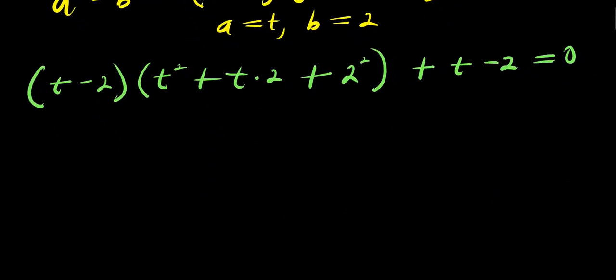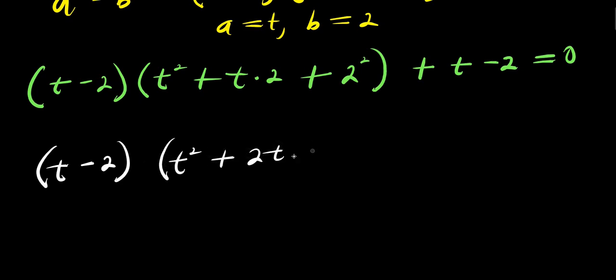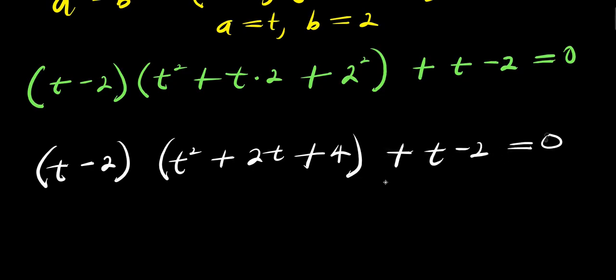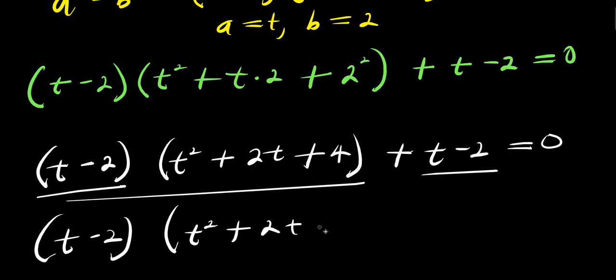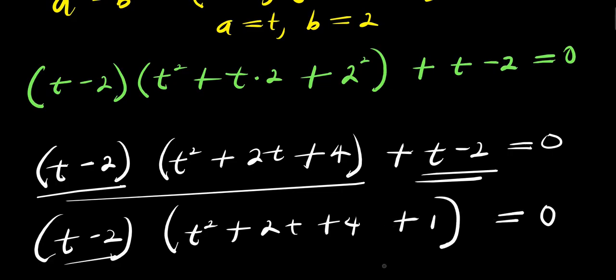So right here, we are simply going to have t minus 2 times t squared plus 2t plus 4, plus t minus 2, and this equals 0. T minus 2, we factor that out. Then we divide this by t minus 2, we have t squared plus 2t plus 4. Then we divide this by t minus 2, we have plus 1, and this equals 0.